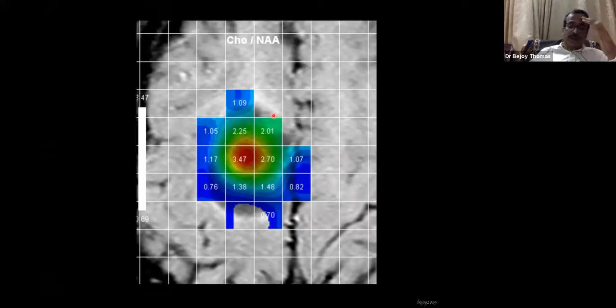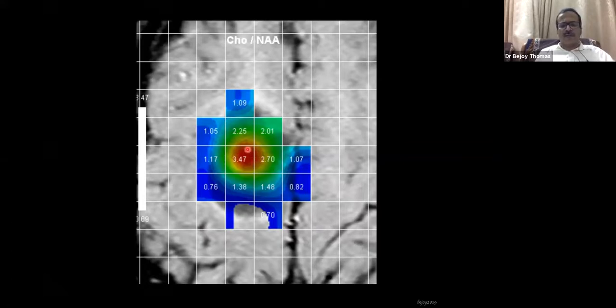biopsy done. If you look at multivoxel spectroscopy chemical shift imaging, you can see these color maps where the choline is high can be compared with the perfusion maps, and if everything is fused into the neuronavigation system, the surgeon can do a biopsy very precisely from there.